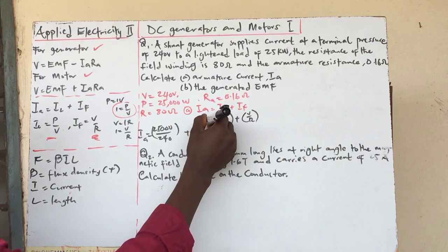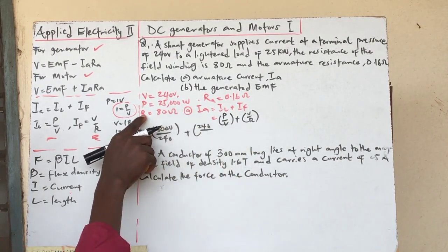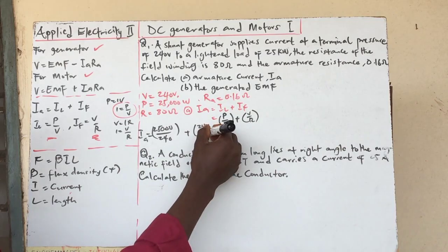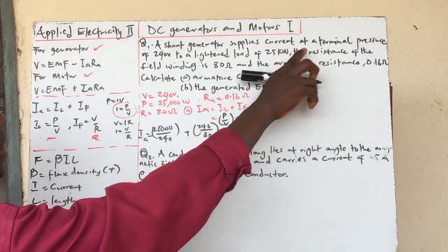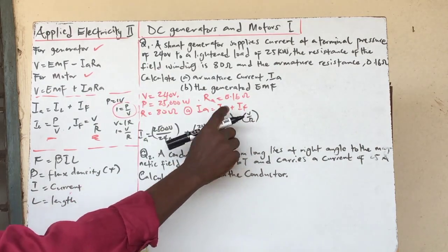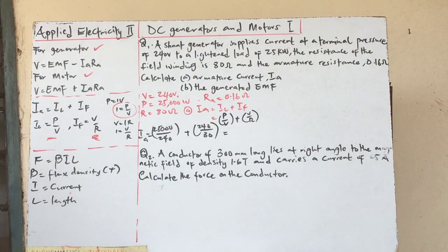Our V is 240. Then our R will be what? Our R is 80. So why are we using this R? Because they already told us in the question that that's the resistance of the field winding, and we are dealing with field winding here.